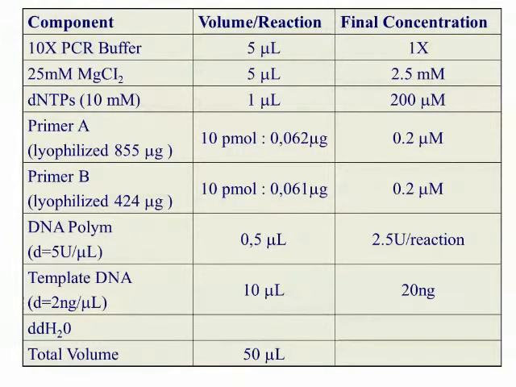The second one, we have a 25 millimolar magnesium chloride, and we need to have in the final concentration 2.5 millimolar. So we know that the concentration 1 is 25.